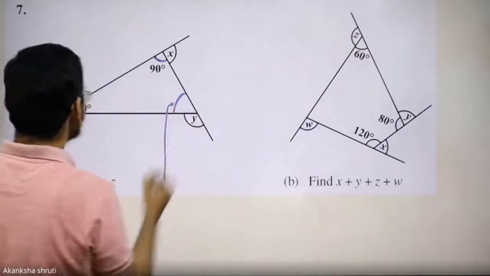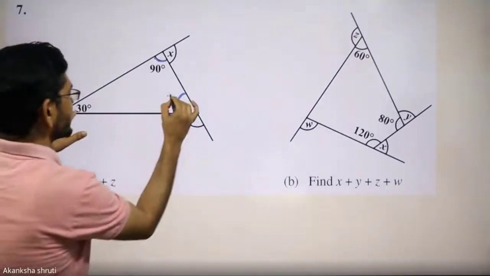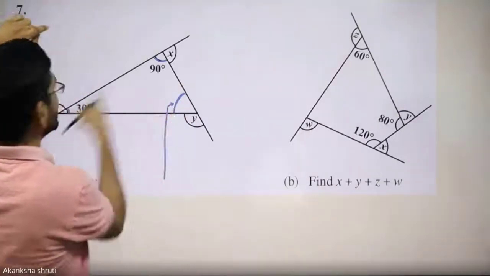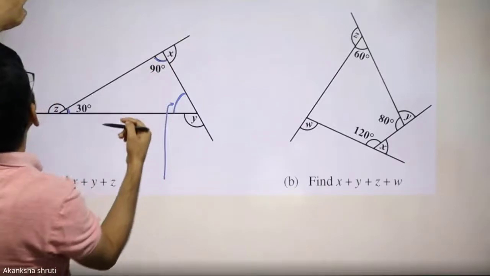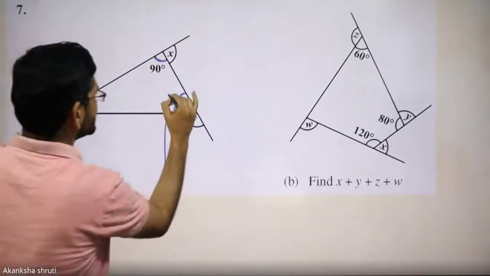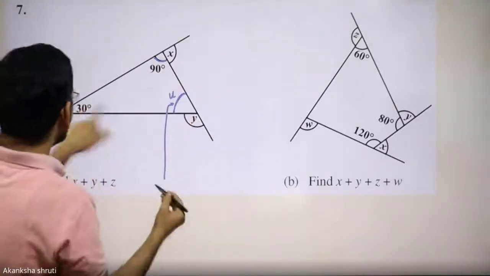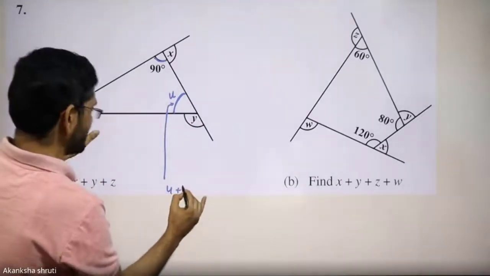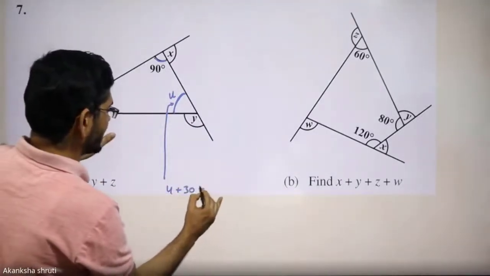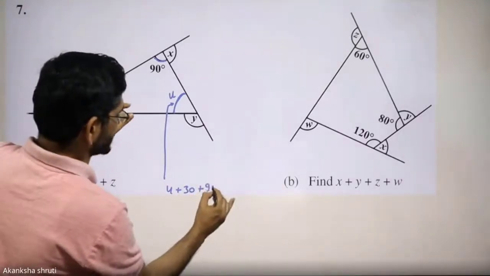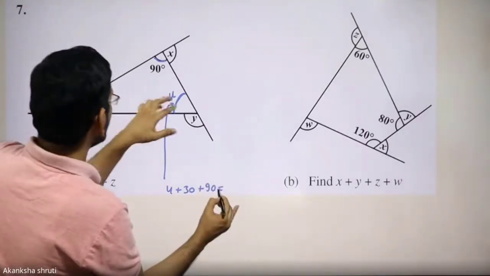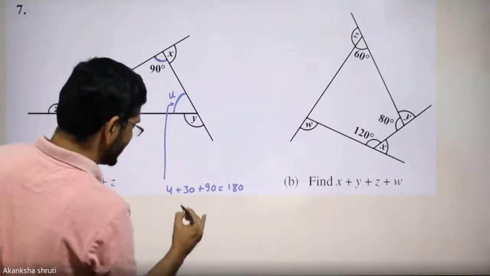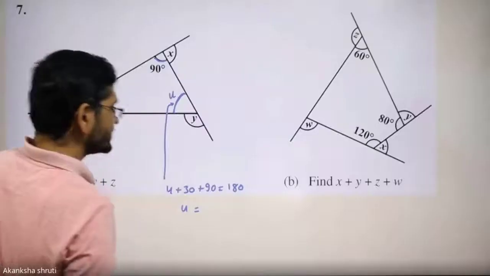Students, let us consider this angle as x, not as x, because x is taken here. You are getting it? So let us consider this angle as u. Then this u is the internal angle, plus 30 degrees as another internal angle, plus 90 degrees as the other internal angle. The sum of these three internal angles is going to give us 180 degrees.